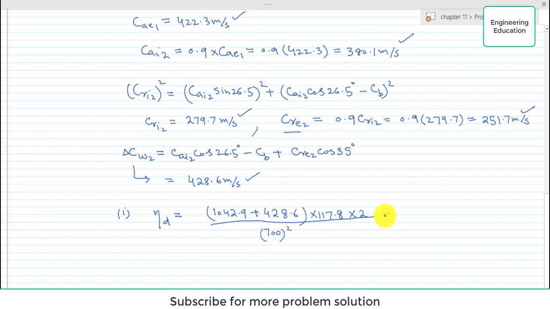So simplifying this, we get the diagram efficiency value, which is 70.8%.